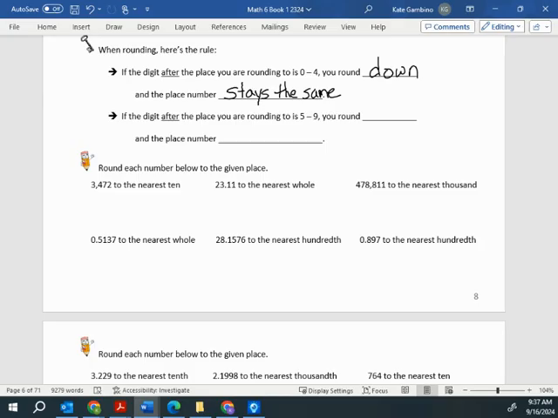If the digit after the place you are rounding is 5 to 9, you round up, and the place number increases by 1. This is what we've been talking about.